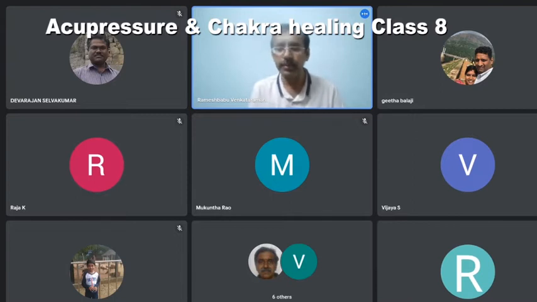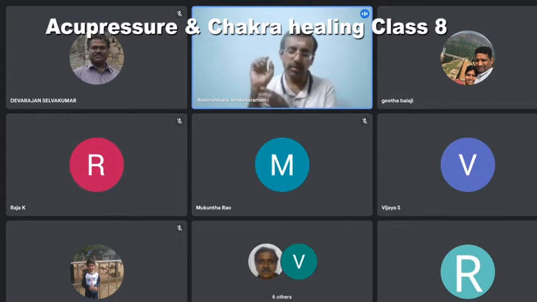very important point. Then the normal points are GB36 xi-cleft point, GB37 is luo connecting point, and GB38 is fire point, GB39 is influential point for marrow. Bone marrow, right?